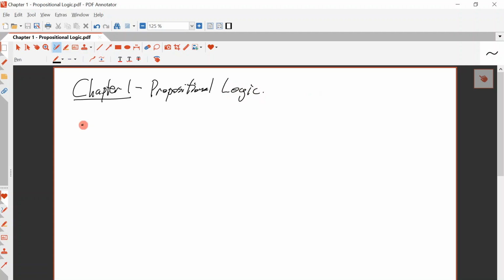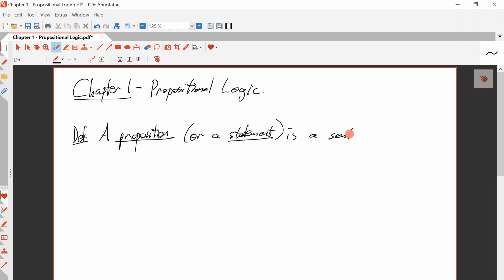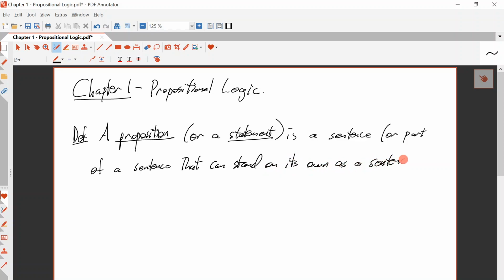Okay, so to start off with, a proposition, or sometimes it's called a statement, is a sentence or part of a sentence that can stand on its own as a sentence, that has a definite truth value.